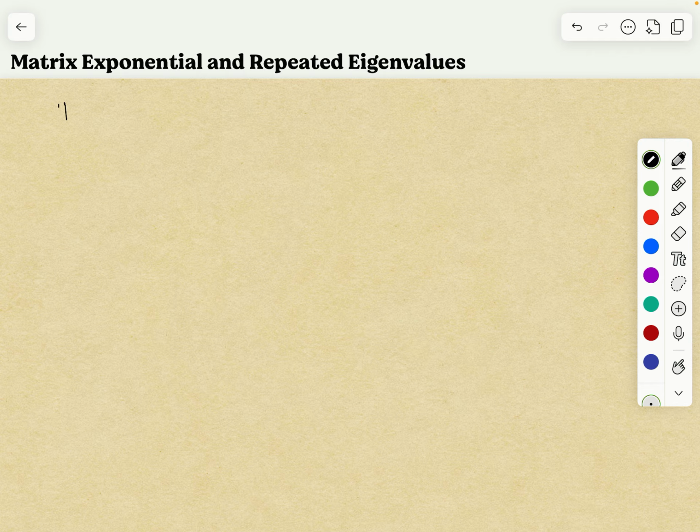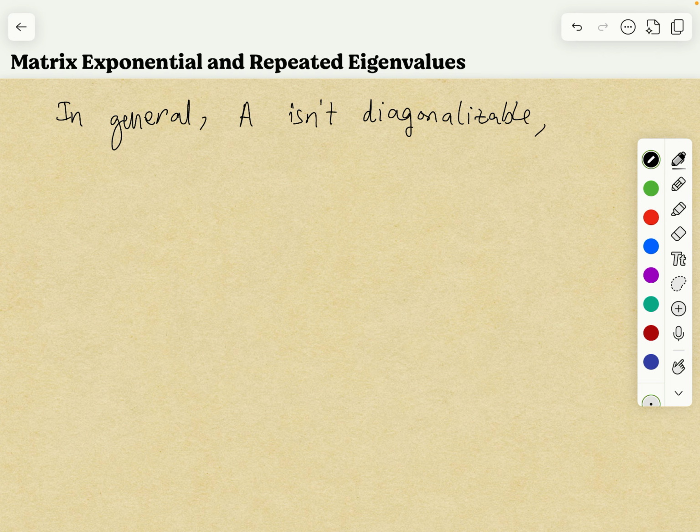So in general, A isn't diagonalizable. In some sense, most of the time, A is diagonalizable, either over the real numbers or over the complex numbers. But if it isn't, it can be put into what is called Jordan form.